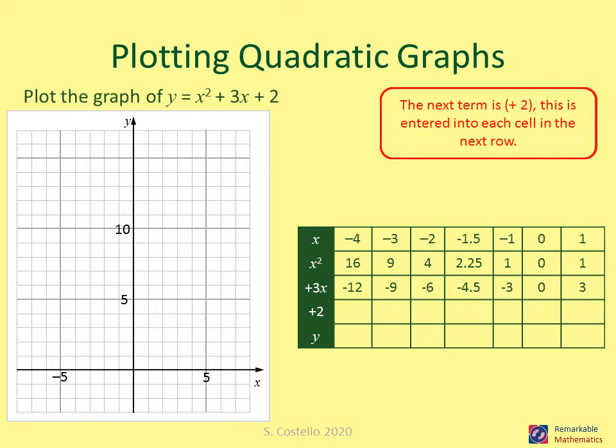The next term is +2, so this is entered into each cell in the next row.